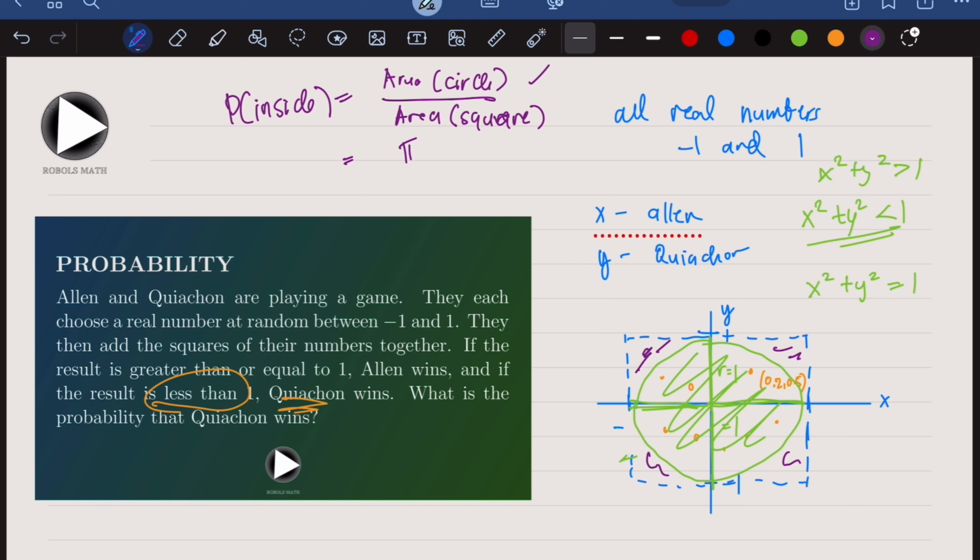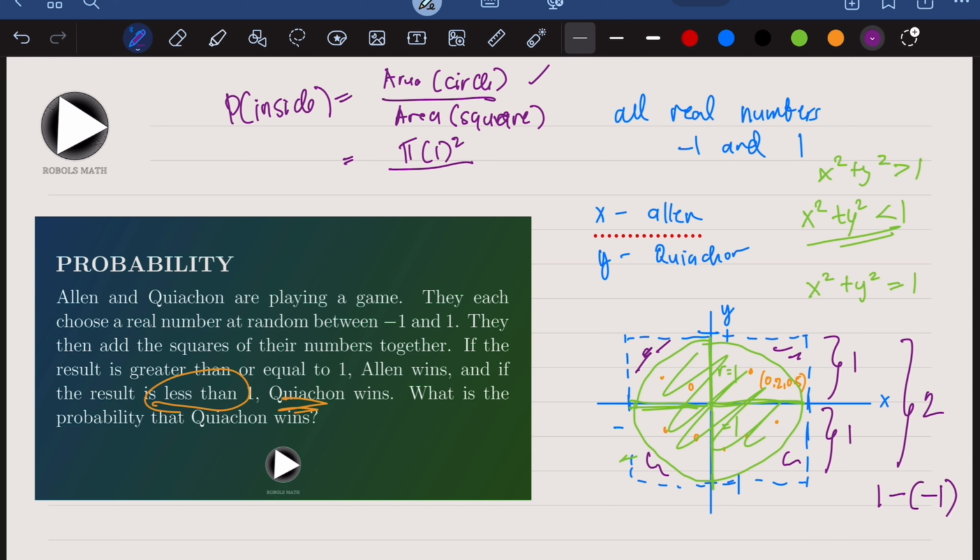Now we can calculate this quite easily, because we know the area of the circle to be pi r squared, and the radius of the circle is 1. So this is pi times 1 squared in the numerator, while for the denominator, this side length is 1, and the other one is 1 as well. Therefore, this entire side measures 2, which is just 1 minus negative 1.